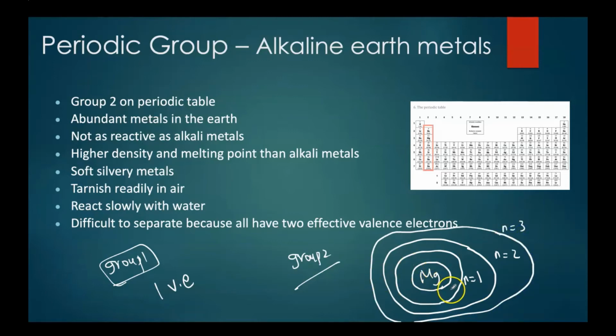Magnesium has 12 protons, which means a magnesium atom has 12 electrons. So energy level 1 we get 2 electrons, energy level 2 we get 8 electrons, and energy level 3 we get 2 electrons.